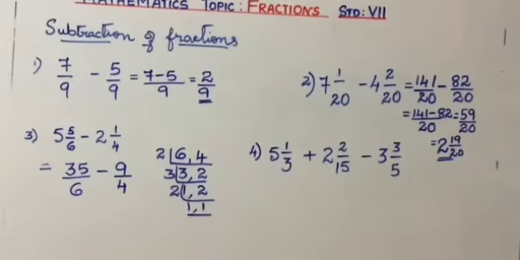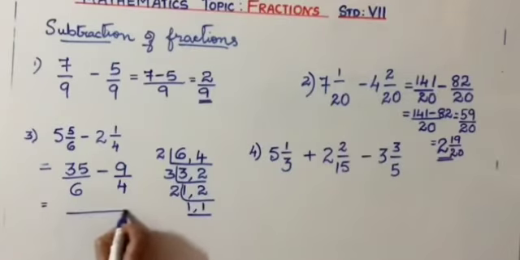So 12 is the least common multiple or LCM. So 12 itself is the common denominator now. Since 12 is common denominator, we have to convert both 6 and 4 to 12. Is it not? So let's see how that's done.